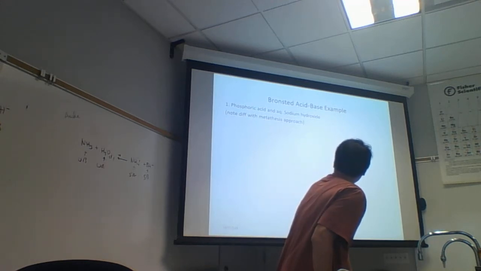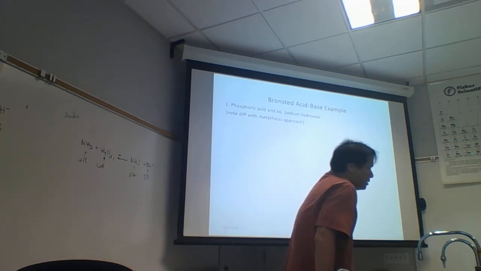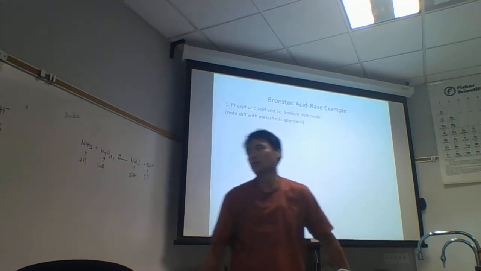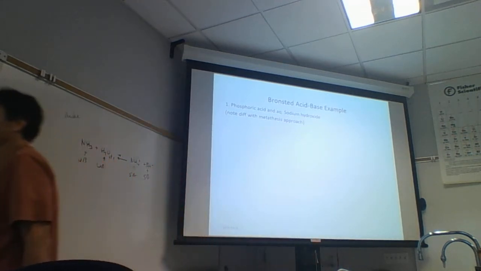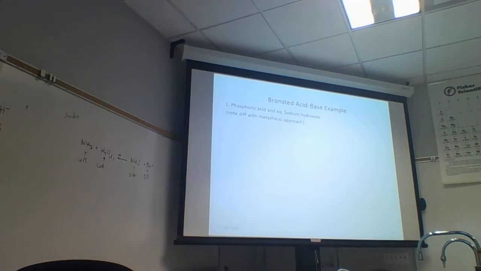Well, if we do this one using the Bronsted approach, we do it a little bit differently. Phosphoric acid is H3PO4, sodium hydroxide is NaOH, and then we see what forms there.